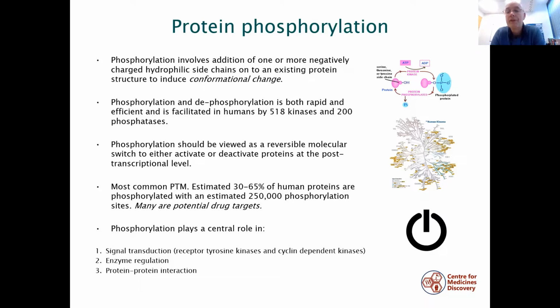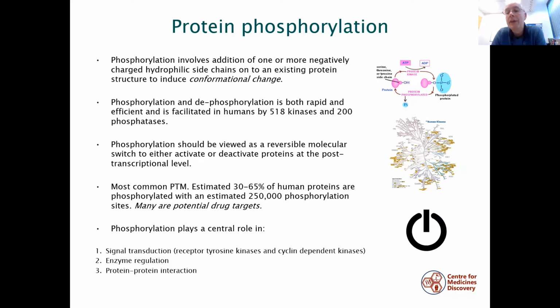So it's a much faster way of controlling things than transcription. It's the most common post-translational modification. It's been estimated that up to 65% of human proteins are phosphorylated, and that there are something in the region of 250,000 phosphorylation sites that could be mapped within the proteome.